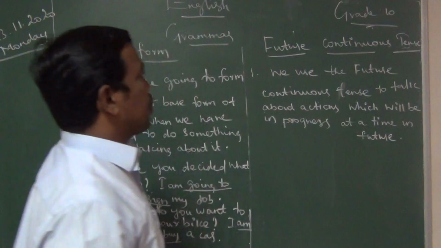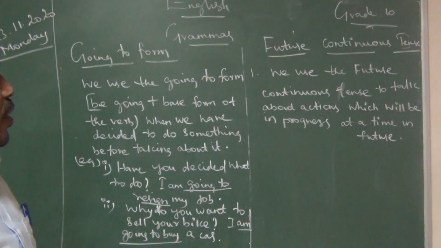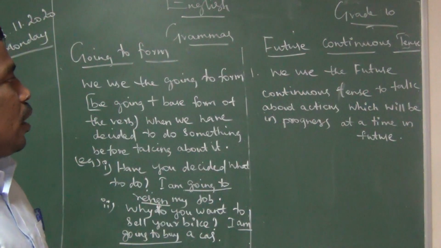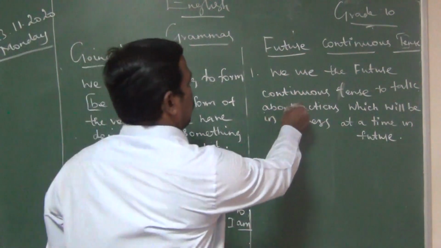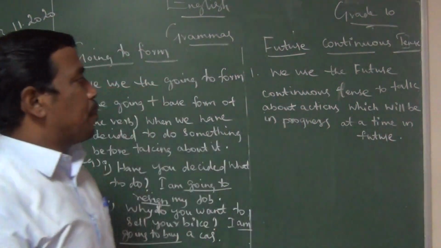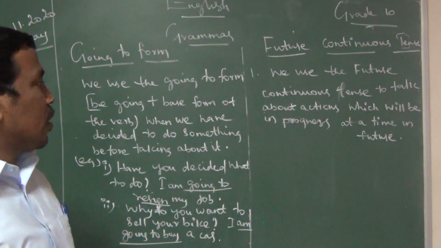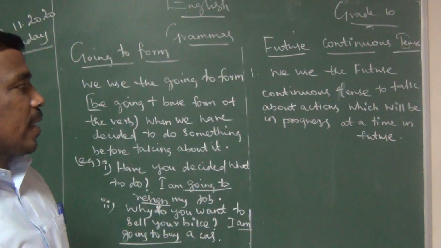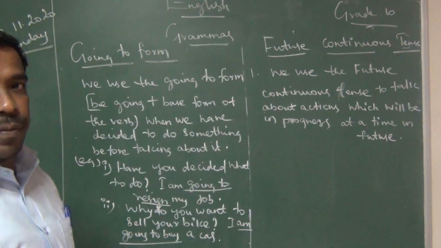What is future continuous tense? We use future continuous tense to talk about actions which will be in progress. Progress means continuation, which will be in progress at a time in future.